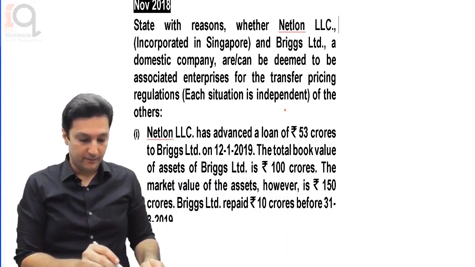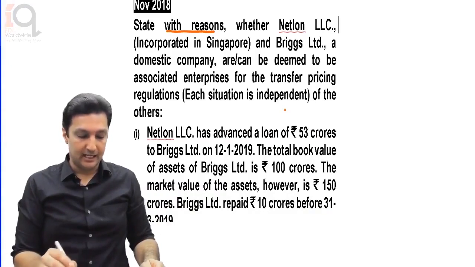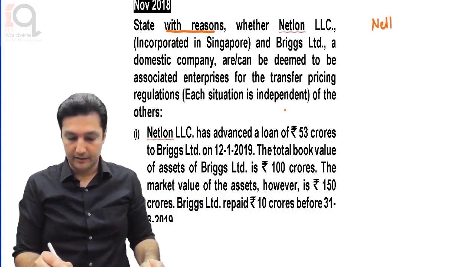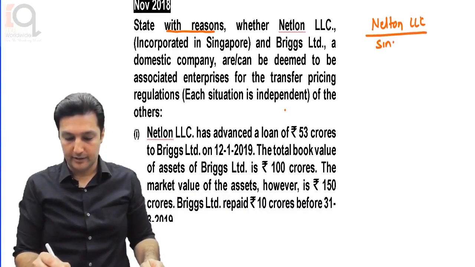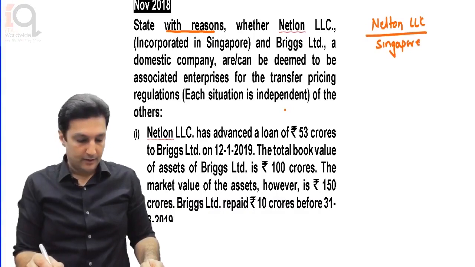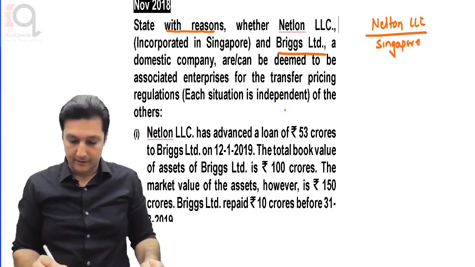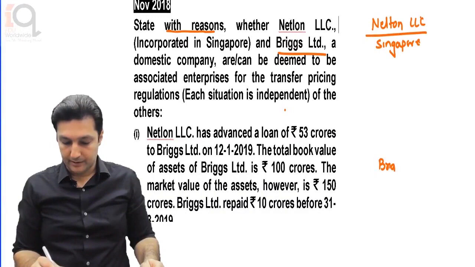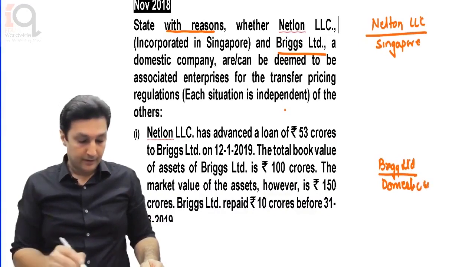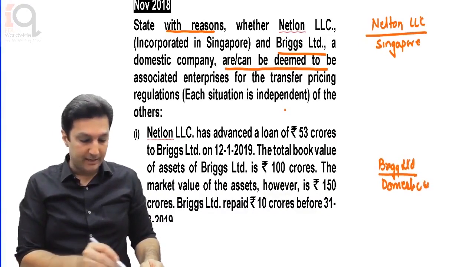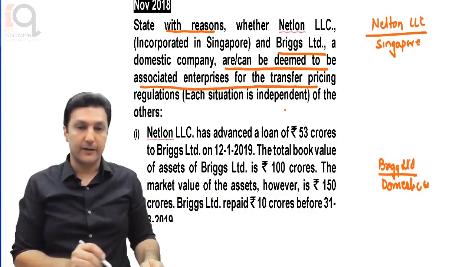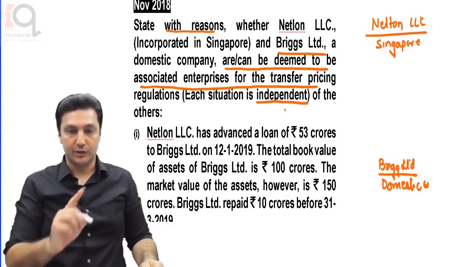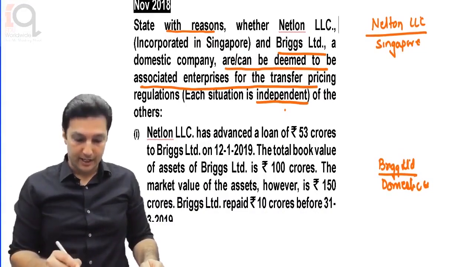State with reasons whether Nelton LLC, incorporated in Singapore, and Briggs Limited, which is a domestic company, so of course a resident of India, are or can be deemed to be associated enterprises for the transfer pricing regulations. Each situation is independent, so these are not connected situations.